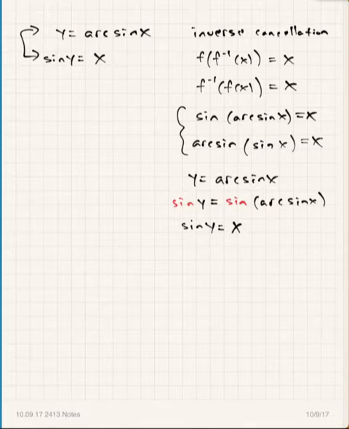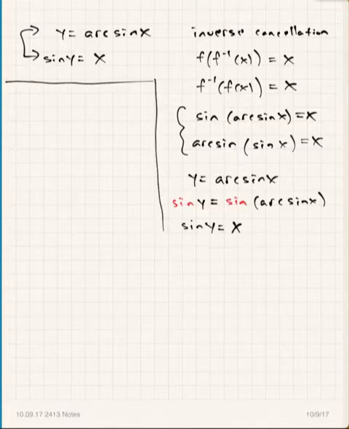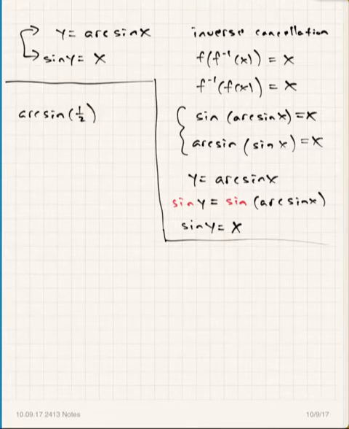Okay, with that in mind, we can go through and do some calculations to practice the arc sine of x. If you have arc sine of 1/2 and you're trying to calculate that value, remember the domain for the arc sine function is everything from -1 to 1, so 1/2 is in that domain, and it's okay to write that out. So arc sine of 1/2 equals what? We simply write out the equivalent sine statement from above, and what we're really being asked is: the sine of what is equal to 1/2?